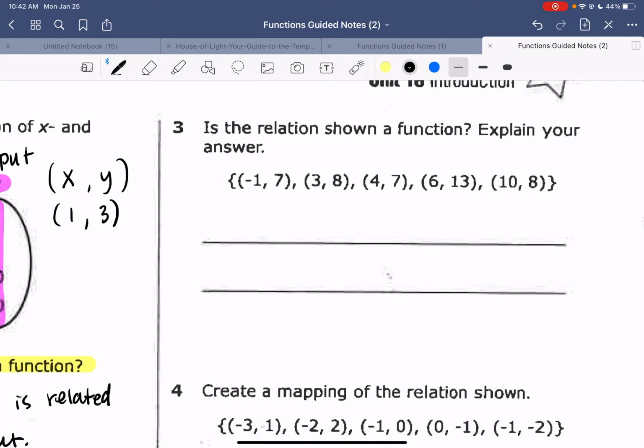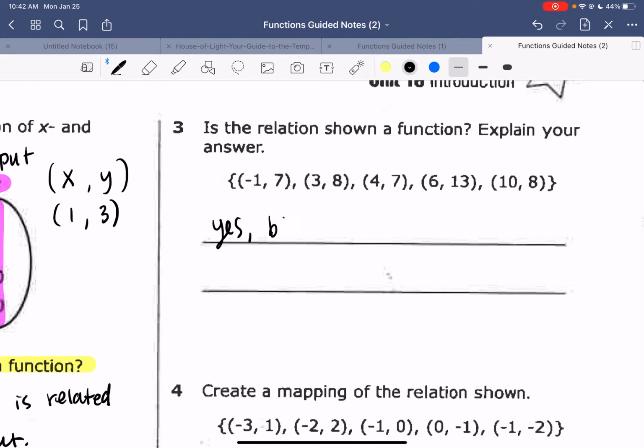So I think that we need to make sure that none of our x's are repeating. So we have a -1, and then we have a 3. So far we're good. And then we have a 4, and then we have a 6, and then we have a 10.